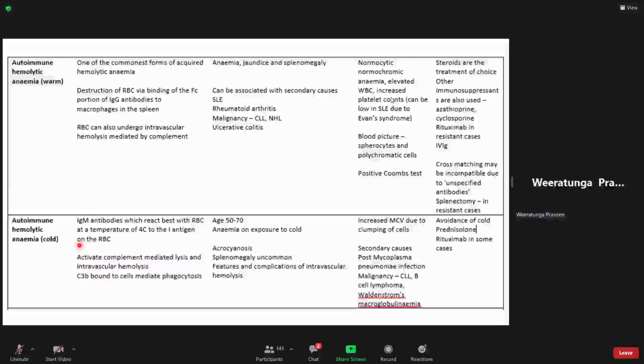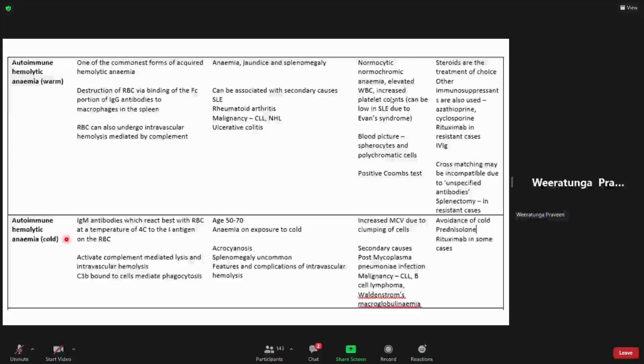Cold autoimmune hemolytic anemia, there are MCQ points in this table, right? Usually cold autoimmune hemolytic anemia is an IgM antibody, which reacts best with antigen at a low temperature. And it activates a lot of complement mediated lysis of red cells.